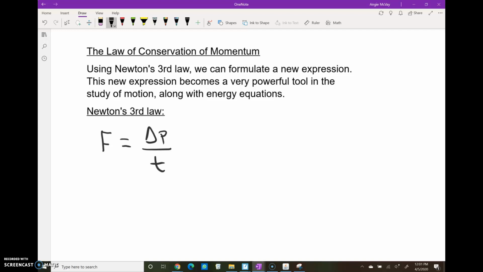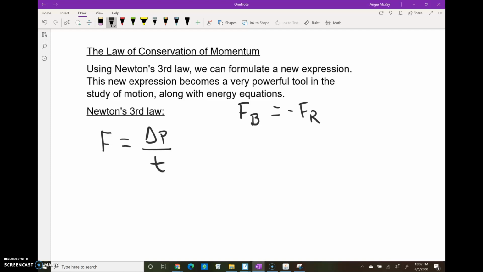Do you remember in our collisions educational play that we had a red and a blue cart that were colliding? They were interacting with each other and each was exerting the same amount of force on each other. And so according to Newton's third law, the force that the blue car exerted was equal and opposite to the force the red car was exerting on the blue car.